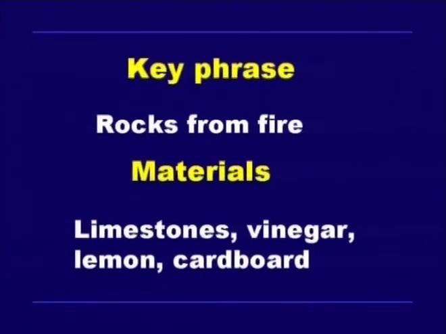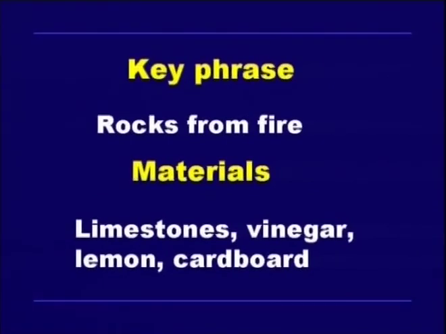Now for materials, you will need to have limestones. The students, you have to come with limestones. Teachers should try to provide vinegar or lemon and cardboard. Now this is a sample of limestone. You all try your very best to come with one.